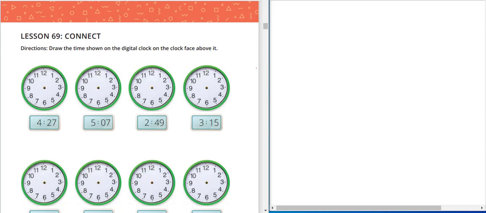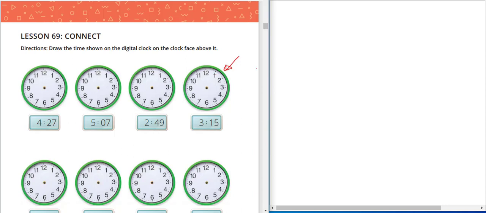So look at this analog clock. We have numbers from 1 to 12. We have 12 hours AM and 12 hours PM, and between each two numbers we have 5 minutes, so we can skip count by 5 steps.